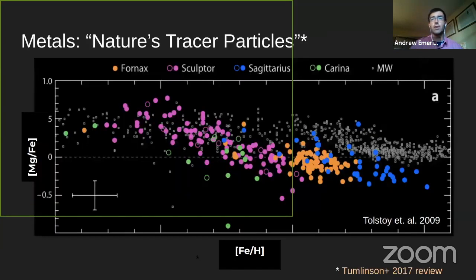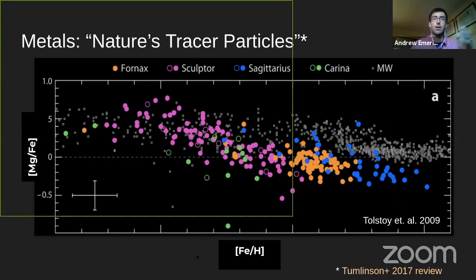Part of the reason I'm so interested in doing this is because I think you can think of metals as nature's tracer particles, and this is illustrating that to some degree. This is a plot of the magnesium to iron ratio as a function of metallicity. I see now I've conveniently lopped off the numbers on the x-axis, but I think the point is still clear, which is that there are differences in what stellar abundances look like in different galaxies.